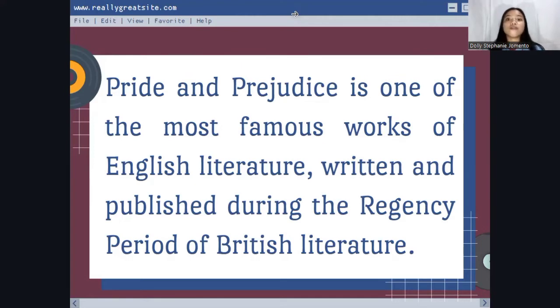And attention to fashion and manners. In this movie or in this time period, we associate them with being well-mannered and how they behave in that period, like how they dress and how they should sit at a table.